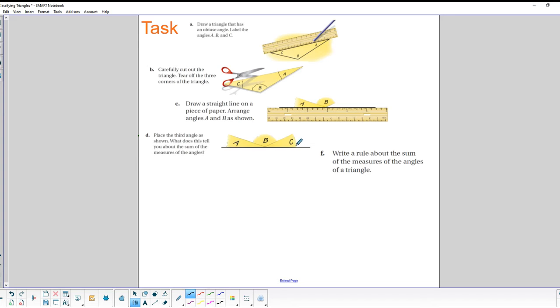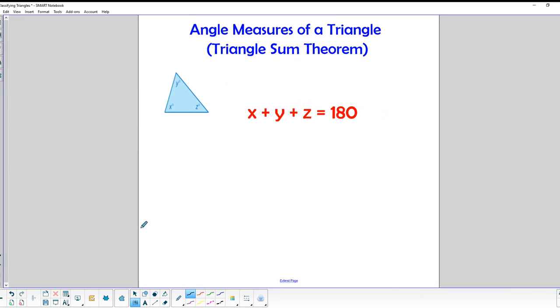And that's why you can tell that the three angles of a triangle add up to 180 degrees. All right, so basically that's the little proof we came up with, and that is that all of the angles of a triangle add up to 180.